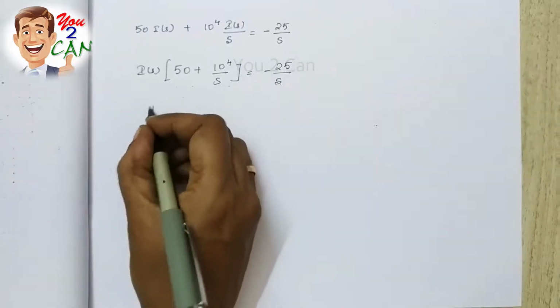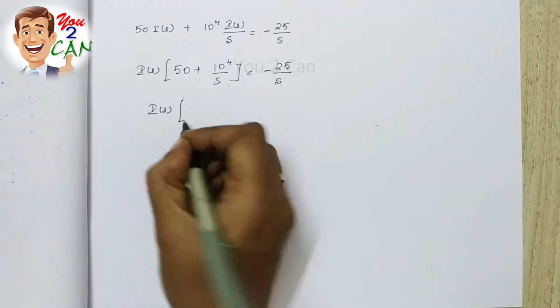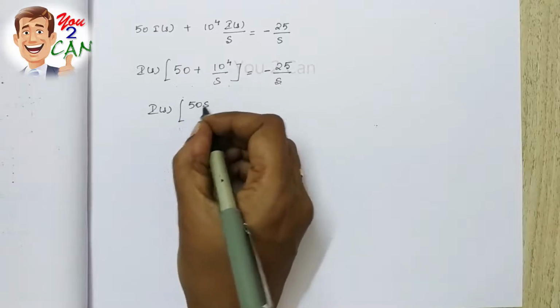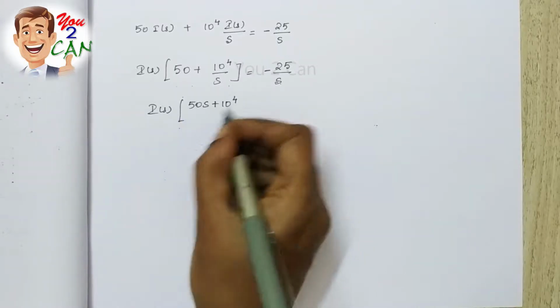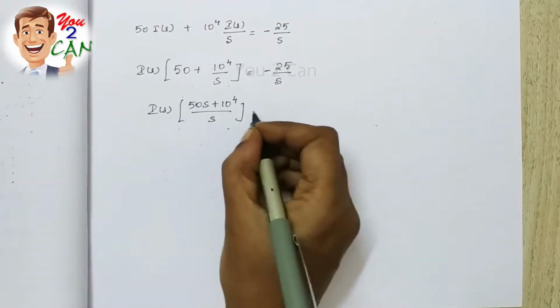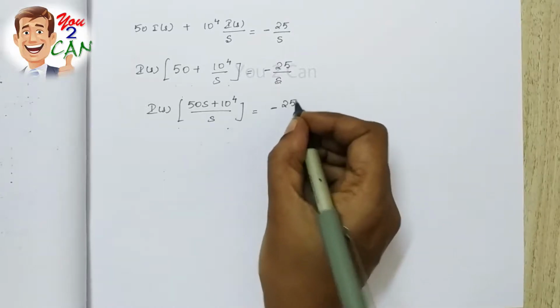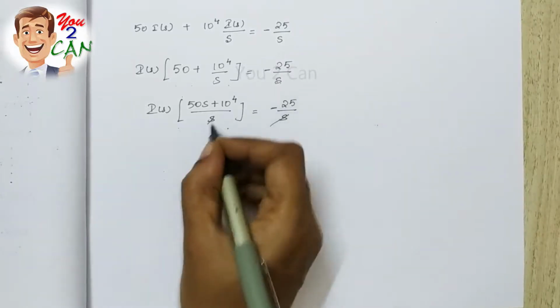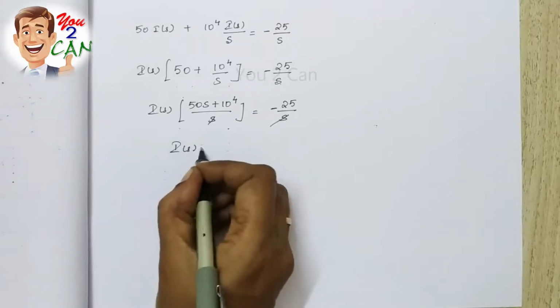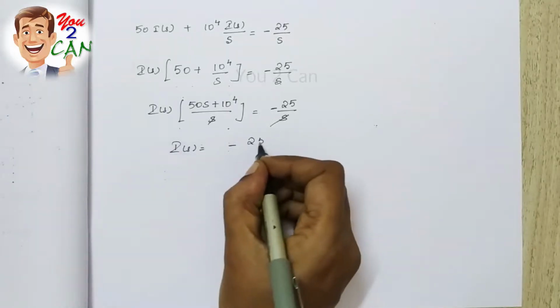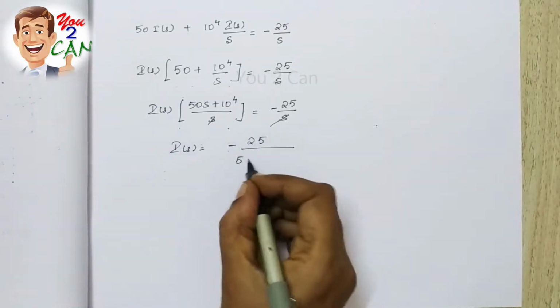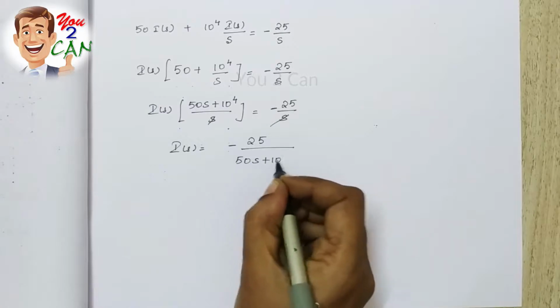I of s, take LCM: 50s plus 10 power 4 by s will be equal to minus 25 by s. S gets cancelled. So I of s is equal to minus 25 divided by 50s plus 10 power 4.